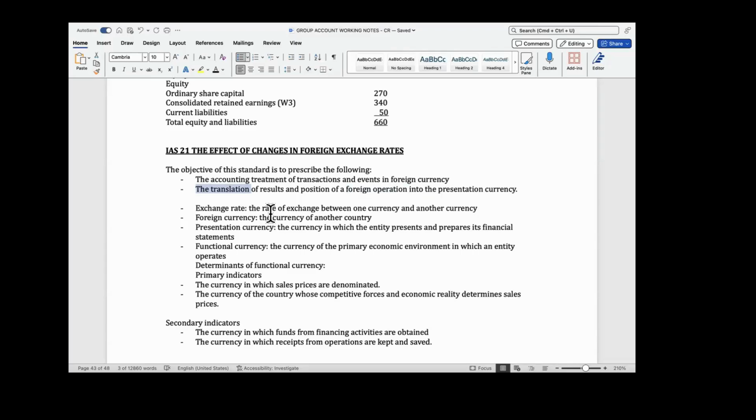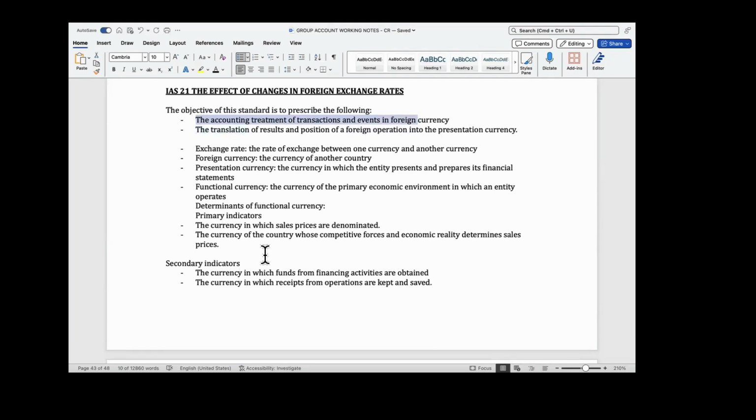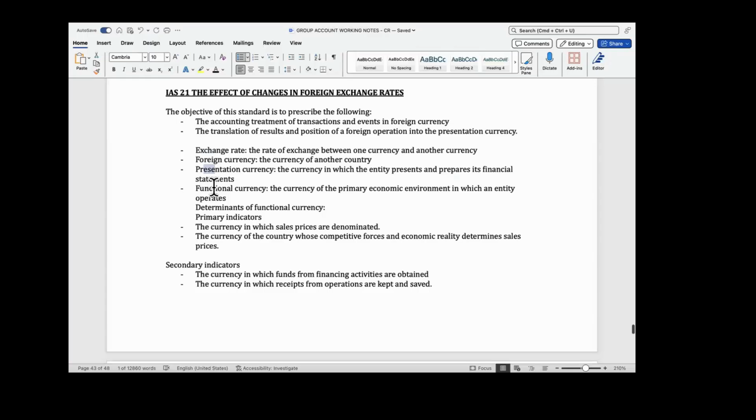On Saturday, when we were looking at how do you treat transactions and events in foreign currency, we looked at some definitions of exchange rates. We looked at what foreign currency is. We looked at presentation currency. And there is one terminology called functional currency, which is extremely important because this currency is the currency that we work with.